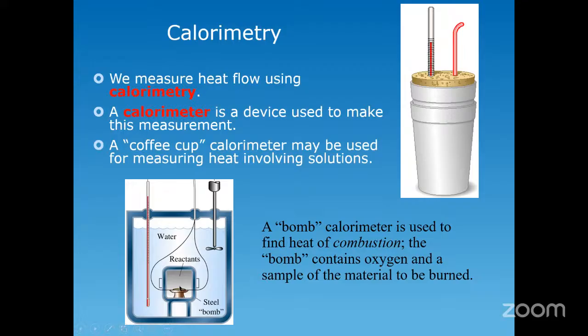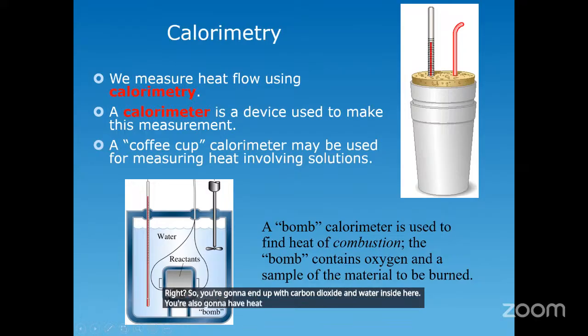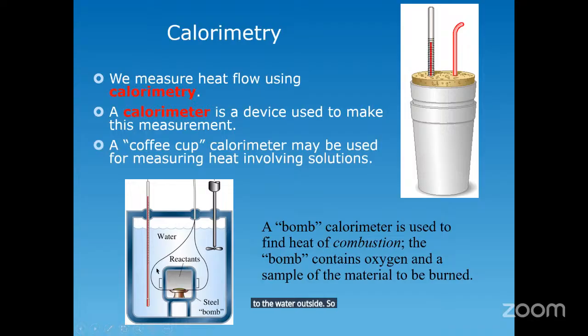Of course, you know that organic compounds, when they're burnt, produce, among other things, depending on the compound, carbon dioxide and water and heat, right? So you're going to end up with carbon dioxide and water inside here. You're also going to have heat generated, which will be transmitted to the water outside. So the heat will pass through the walls of the bomb and get into the water out here.